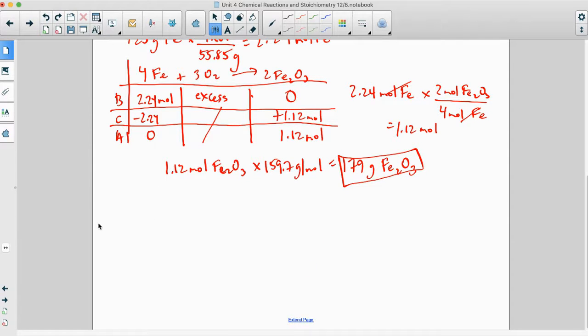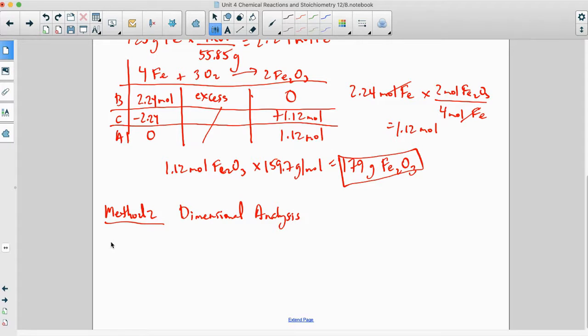The second method that I'm going to show you, method 2, I would call the dimensional analysis problem-solving method.